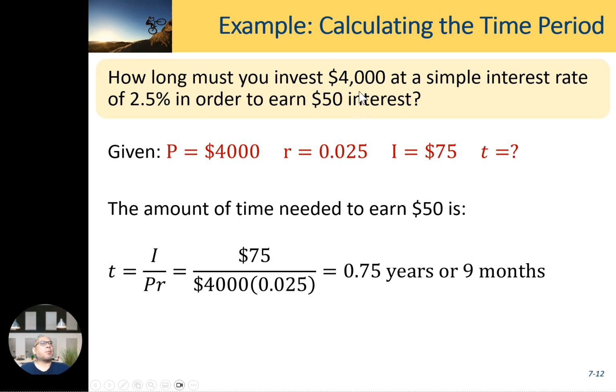Please remember, the 75 comes from here: I is 75. P is 4,000, and R is 0.025.